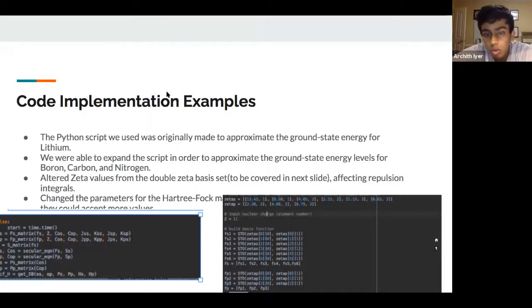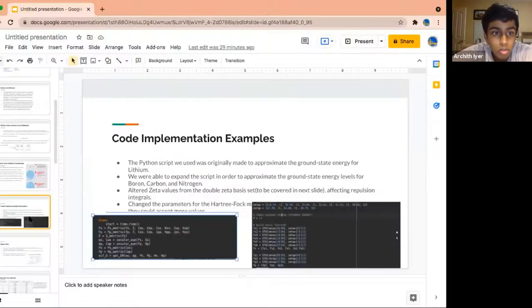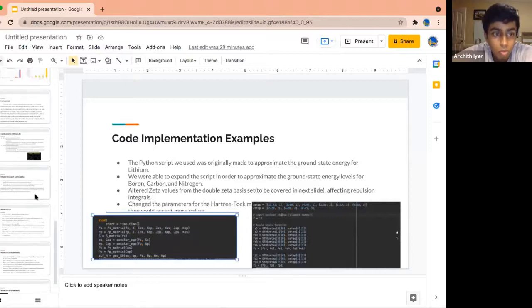And it's a much quicker way of solving for the Hartree-Fock coefficients, a much faster way of finding the ground state energy. But obviously it would take a lot of time to implement, considering that there's absolutely no code implementation of DIIS for many electron atoms apart from helium. So that is definitely a very difficult challenge, but it's something that we would be really interested in seeing.